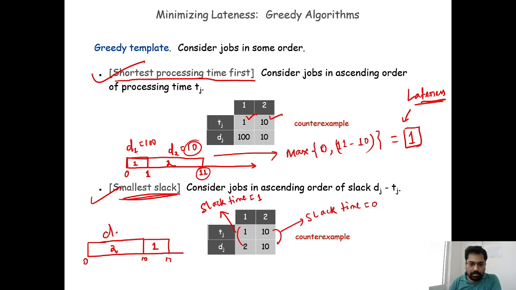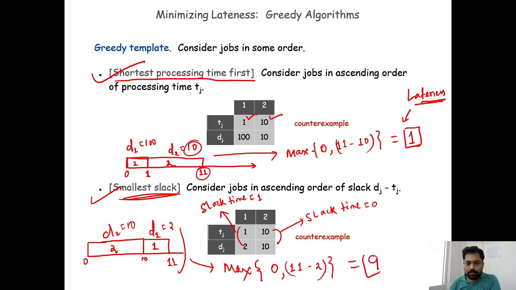So d2 will be 10, no lateness, but here d1 is 2, so lateness would be 9. Minus this is 11, maximum is 9.